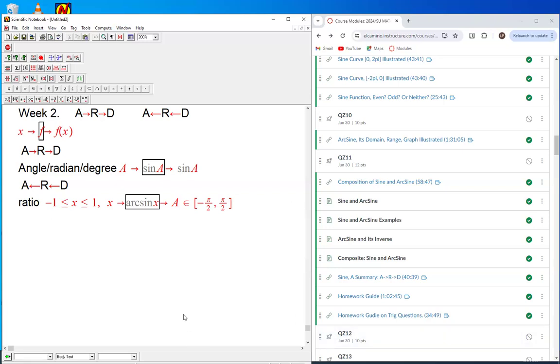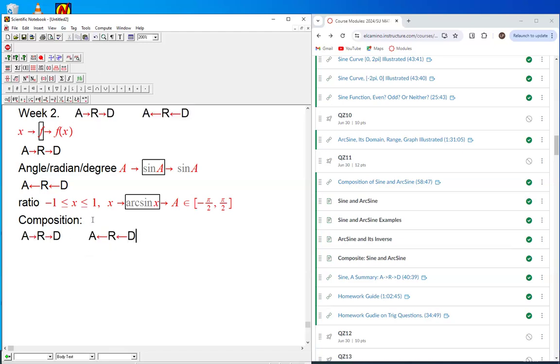And the next topic is composition of sine and arcsine. That lesson is sometimes A to D and then D to A. So A to D, D to A happens in one expression.